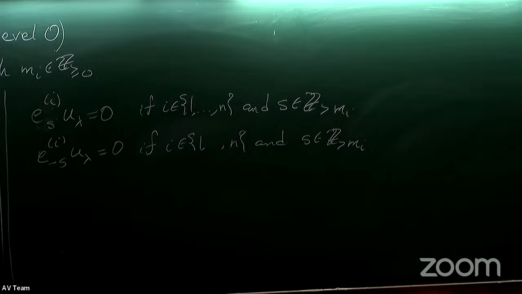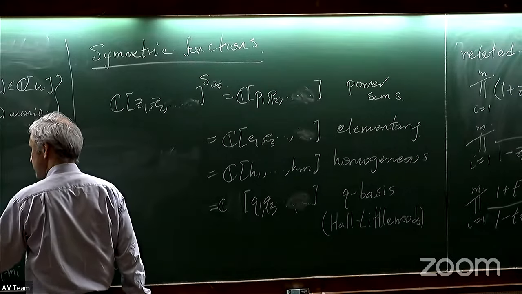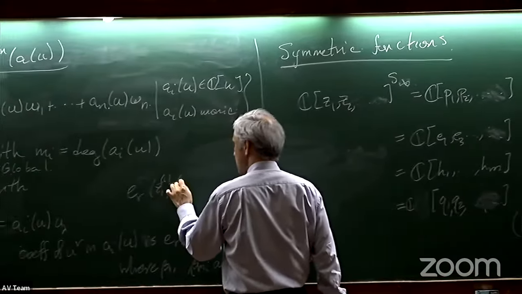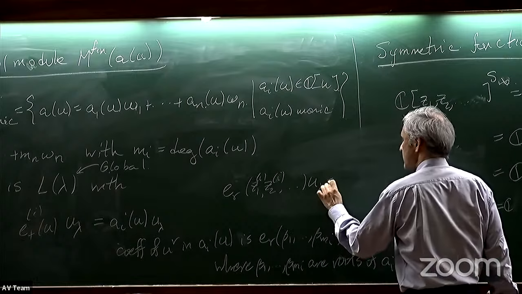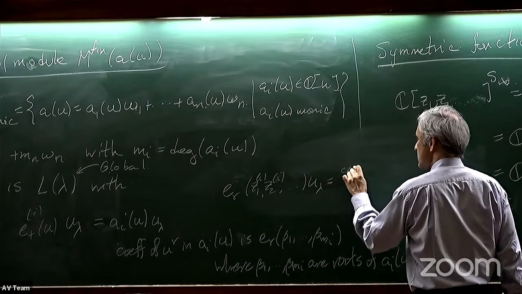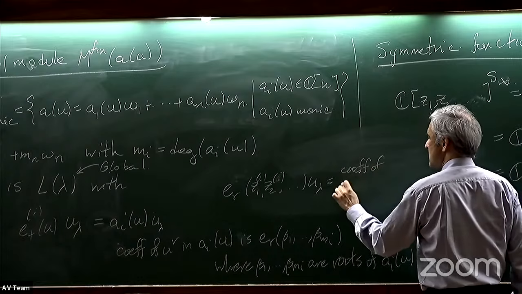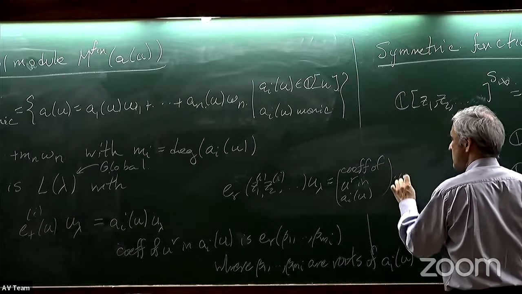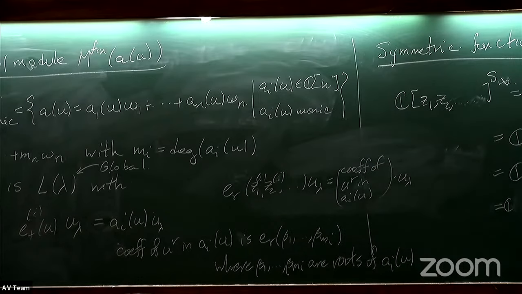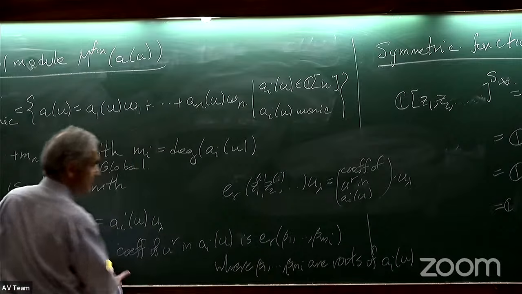And let me write another line, which is equivalent to what I want: if I take the rth symmetric function in the ith set of variables, acting on u lambda, this is equal to the coefficient of u to the r in A_i(u) times u lambda. If I take coefficients of u to the r on this equation, I want it to be that.